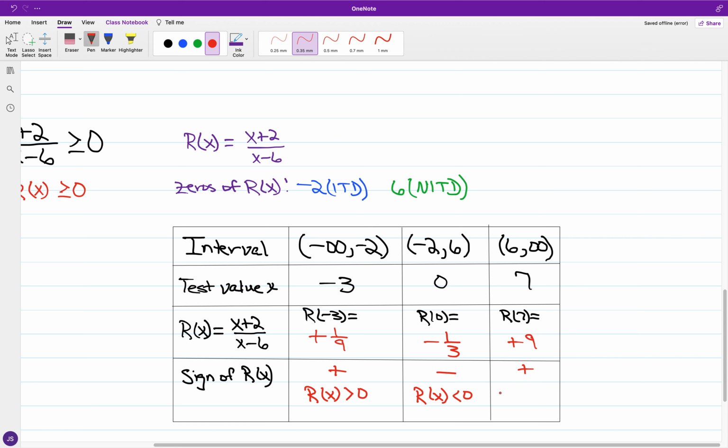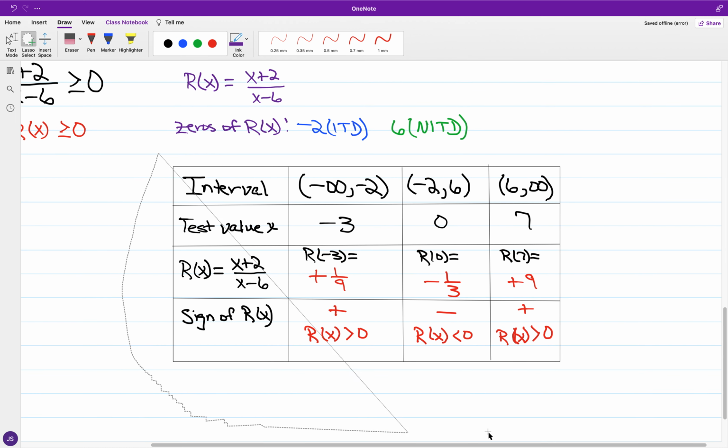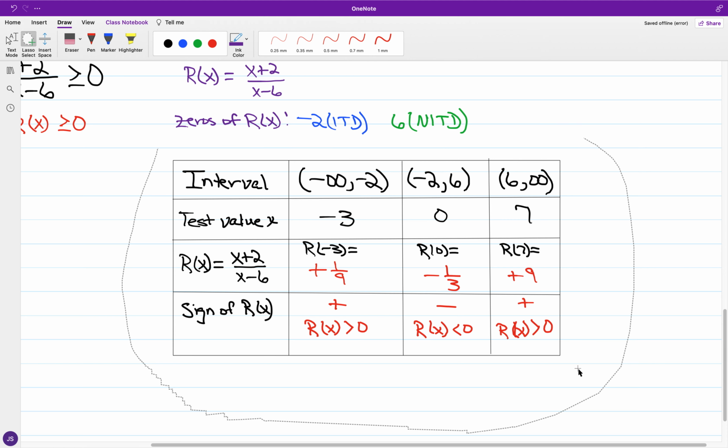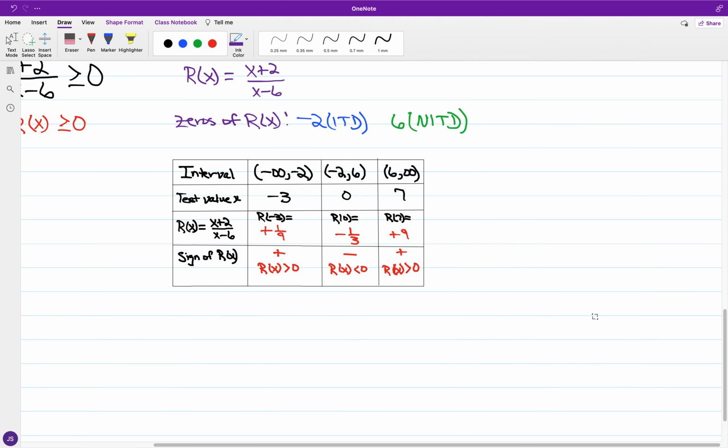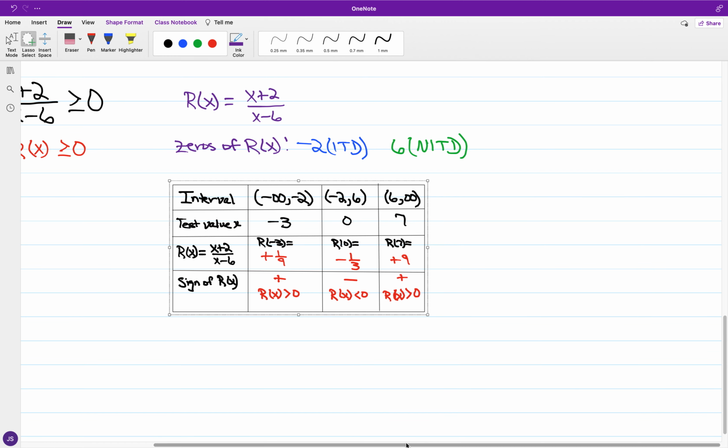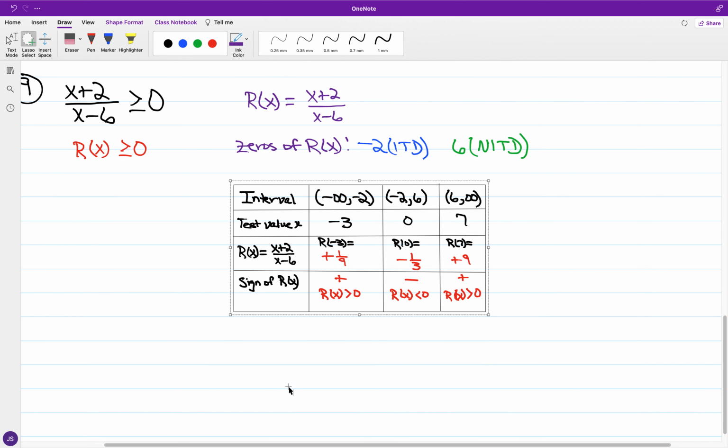Then last, we have the r of x is greater than 0. And looking at the correspondence of what we have with respect to the inequality we're trying to solve for.